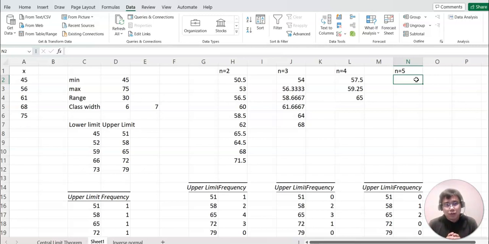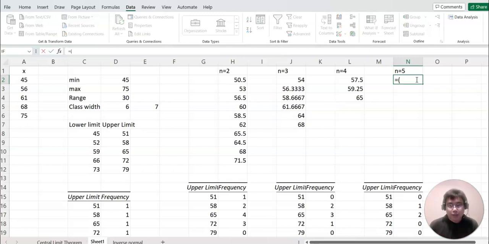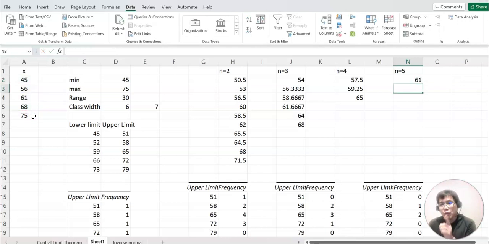Now n equals 5, and there's only one case here because we have already reached the maximum of the population, since we only determine n equal to 5 here. So now I can make 1 2 3 4 5 and divide by 5. Then we have only one value here. Let's see what happens if I do this one.